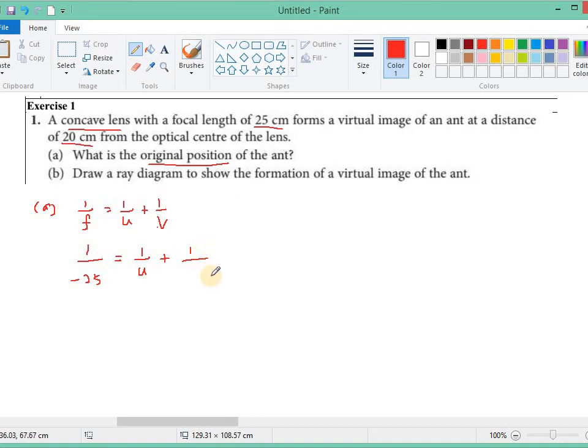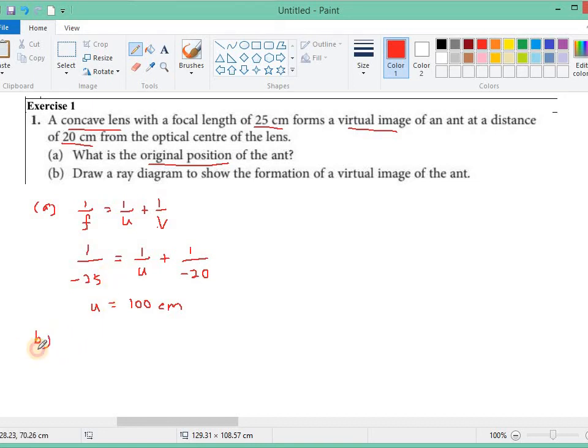And this is a virtual image, right? It says that it's a virtual image, so that means the image distance must be negative 20. If it's a virtual image, then the image distance we put negative. So we get, the object distance is 100 centimeter.